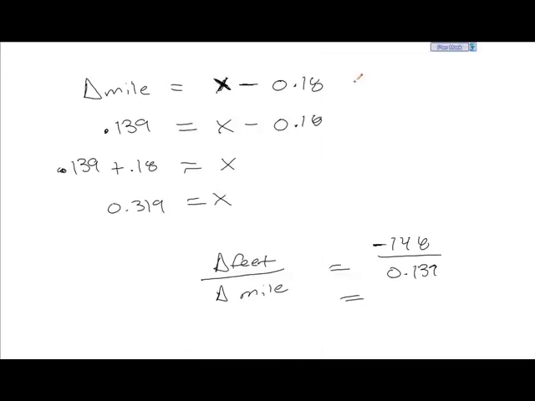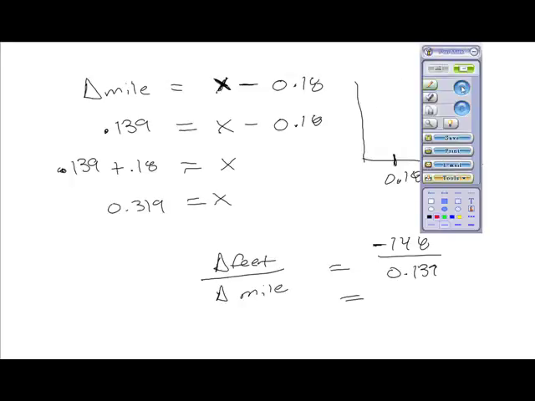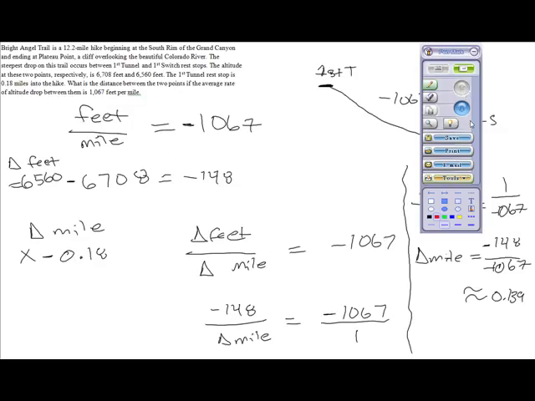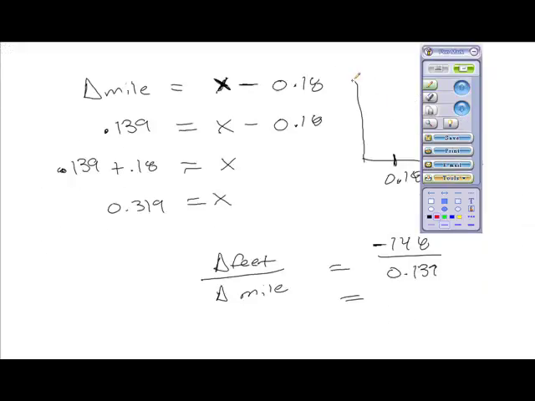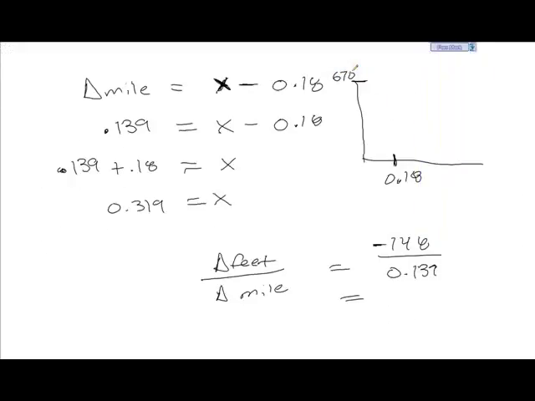If you look at it graphically, you can see that when we're at 0.18 mile marker, we are at an altitude of 6,708 feet. So here's 6,708. And over the course of some distance that we don't necessarily know, we know that we drop down to 6560.